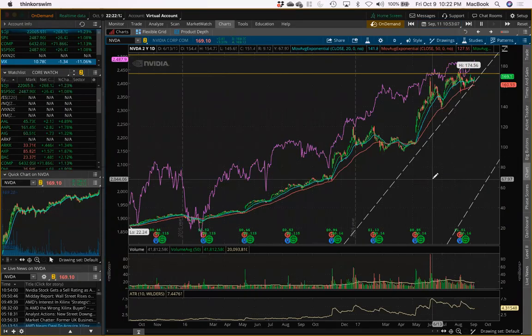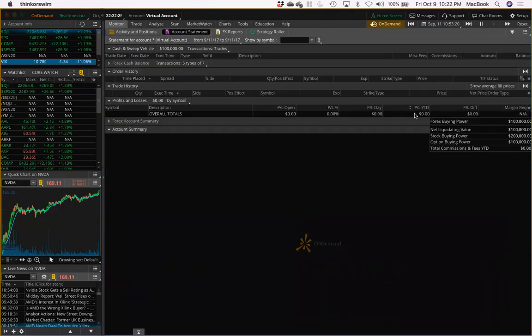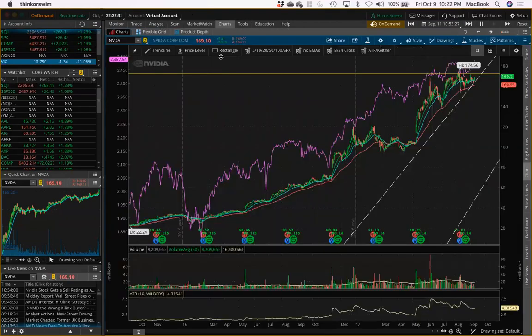But the objective would be for us to have this data available all through the on-demand. So we're really going to try and truly track this. I have my account fully reset with $100,000 in the virtual account on my chart.